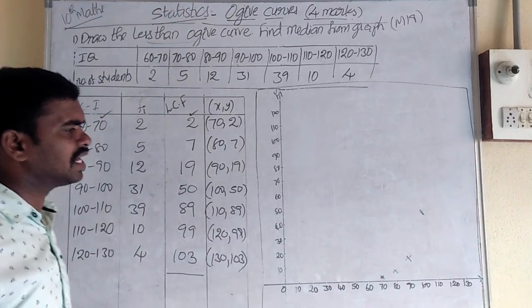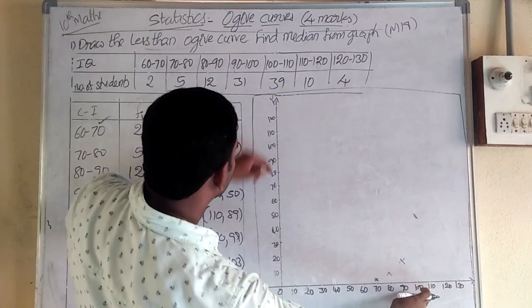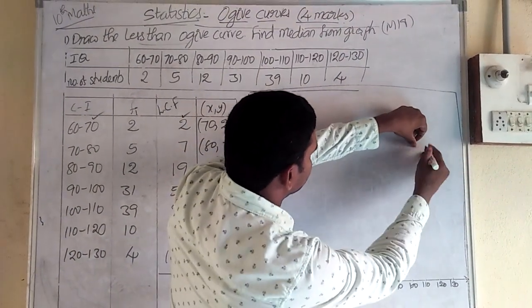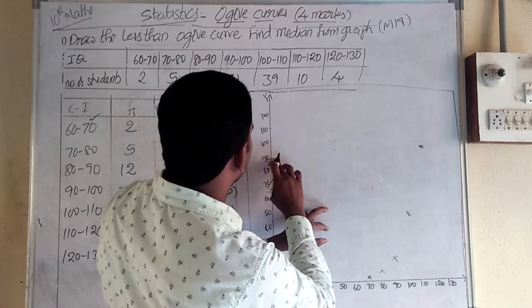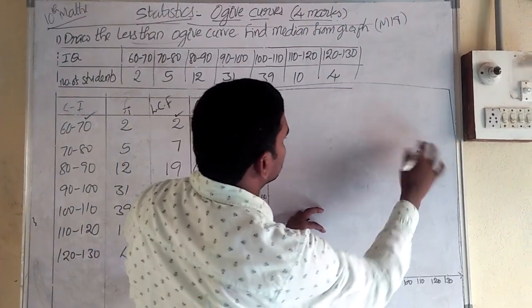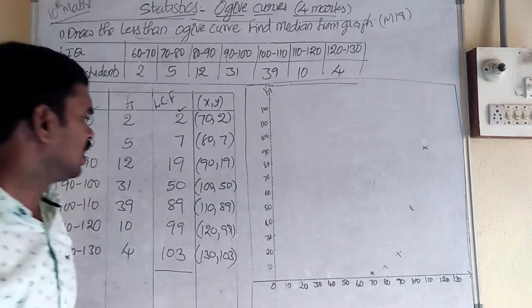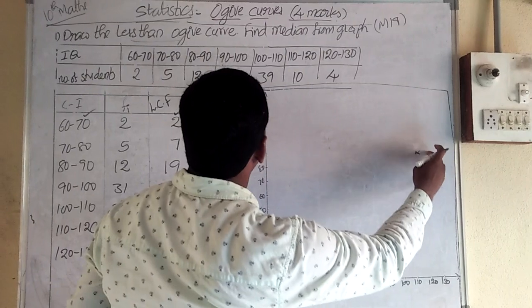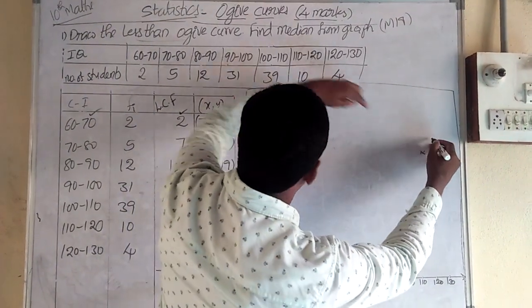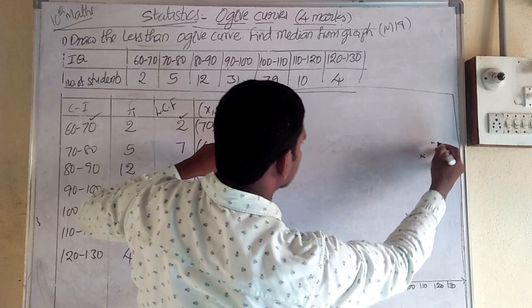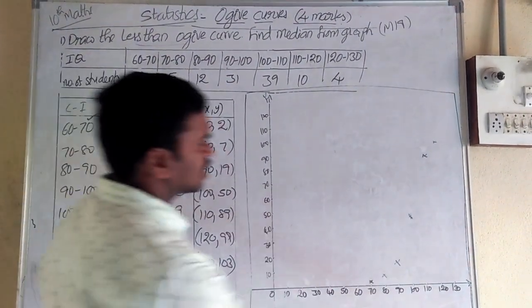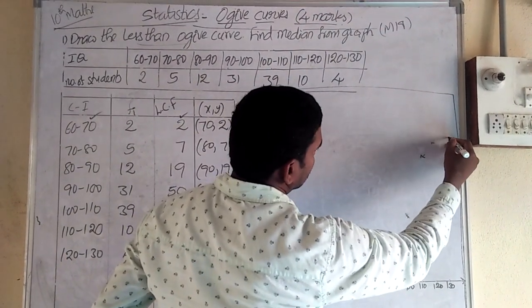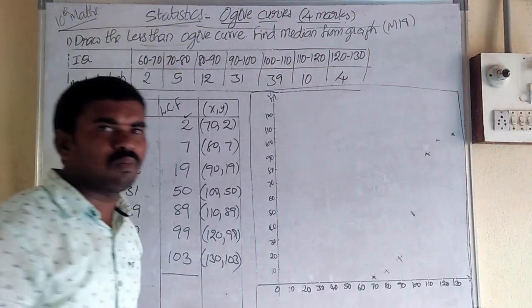Next 110 comma 89, so 89 means one below 90. Next 120 comma 99, which means below 100. Next 130 comma 103, so take 103 above 100.